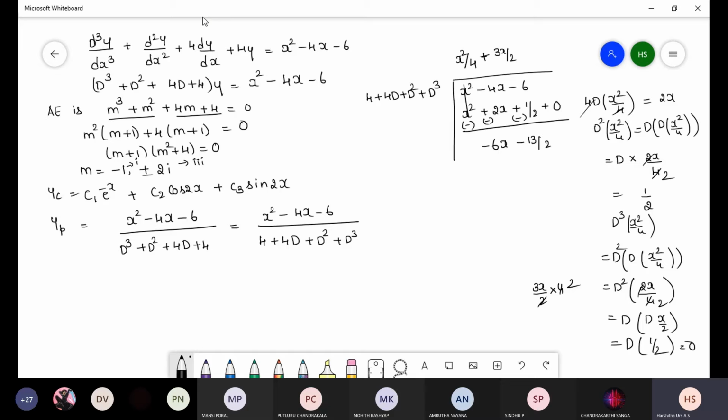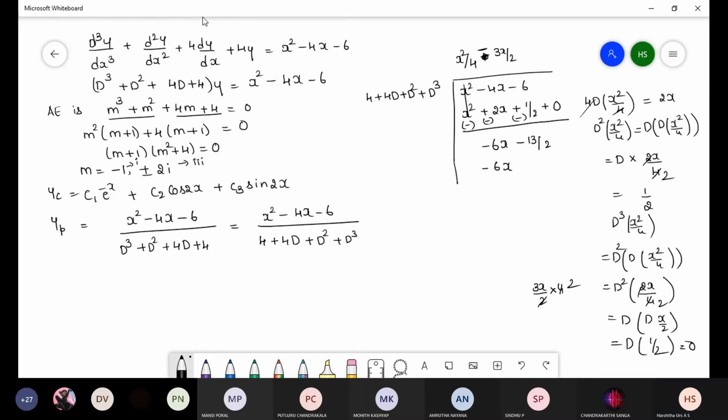If you multiply like this, you have to get the same value that we have got here. So here 3x by 2. Minus is there, so I will write minus 3x by 2, which means minus 6x.